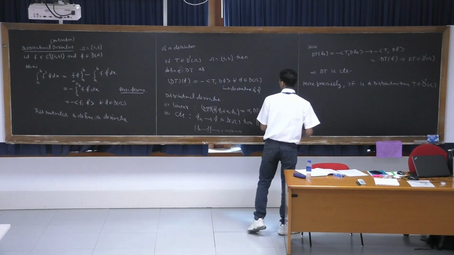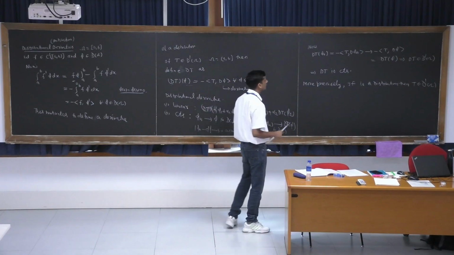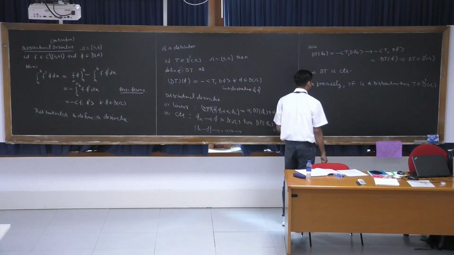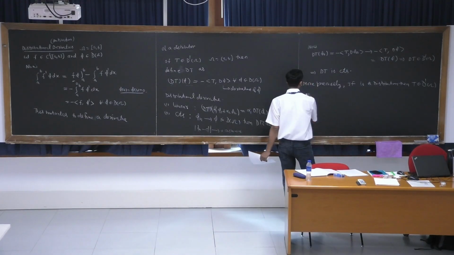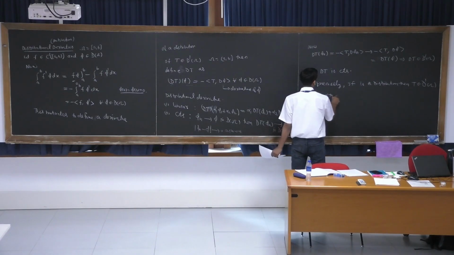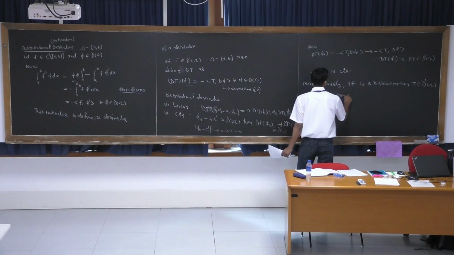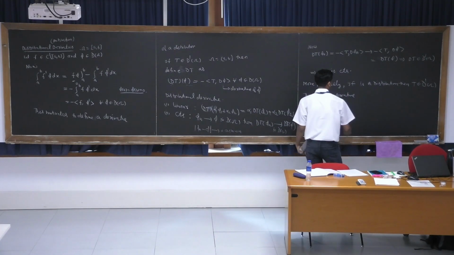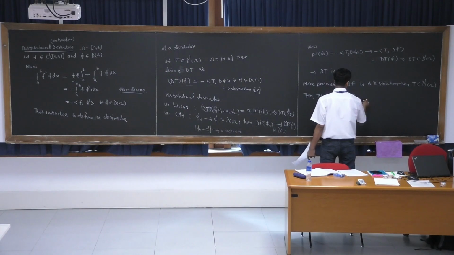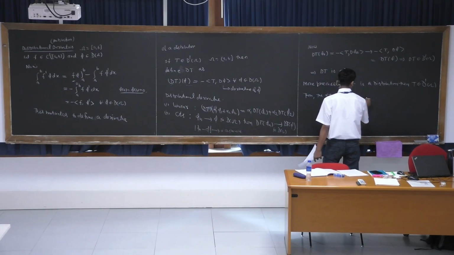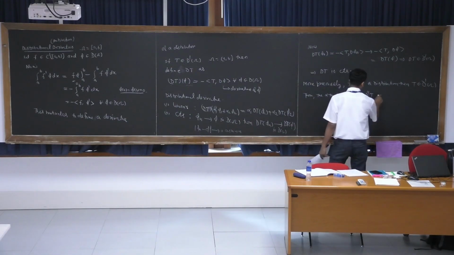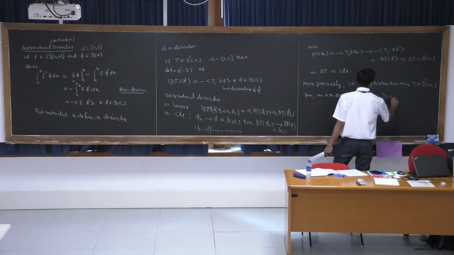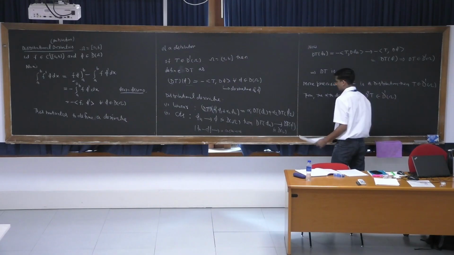And because this was the first order derivative, if we have to define the alphath derivative, then the alphath derivative of this, we can denote by d alpha of t, and obviously this is also belonging to D dash.